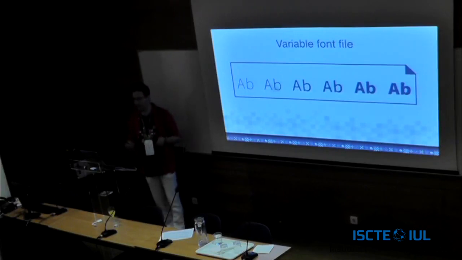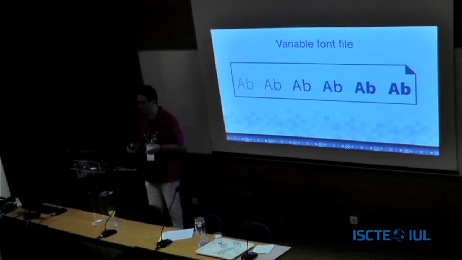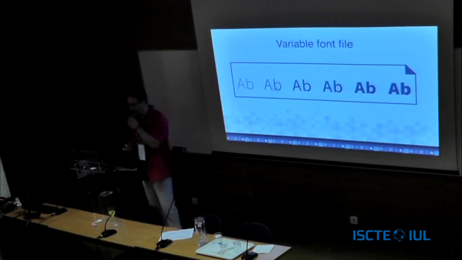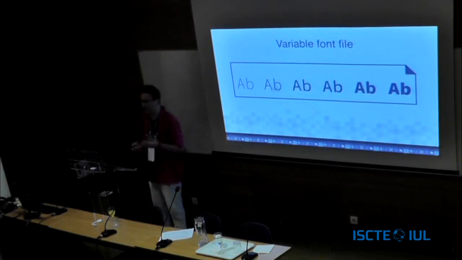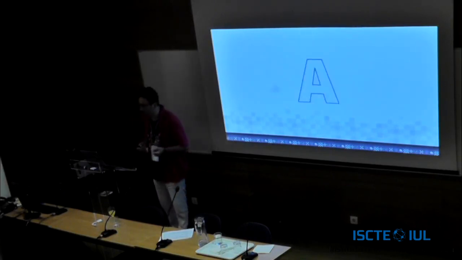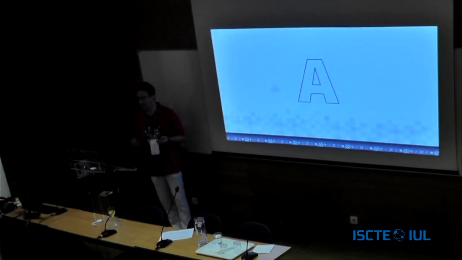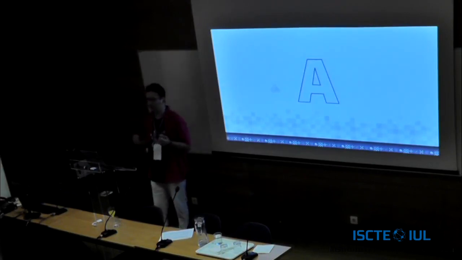So in an OpenType variable font file, you can store multiple font styles in a relatively small size. And that small size comes from the fact that each character has only one outline.